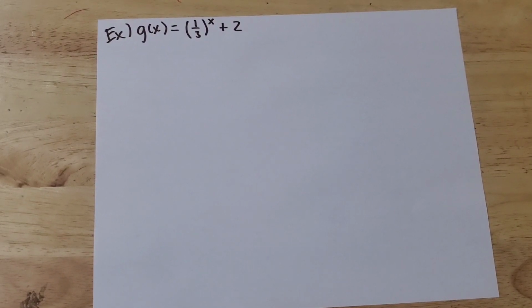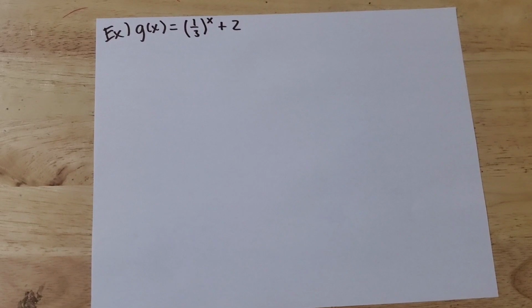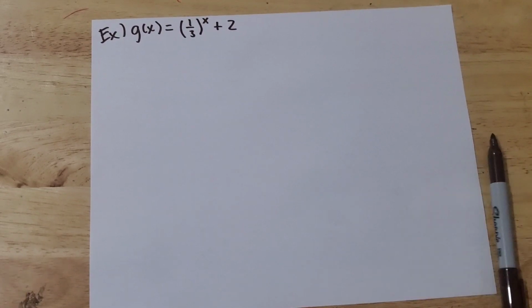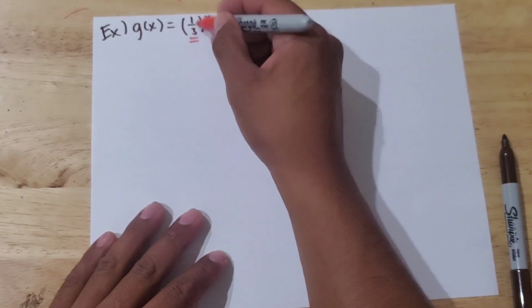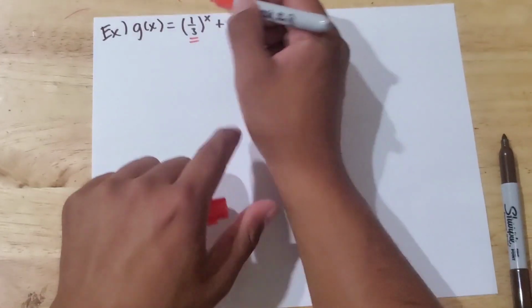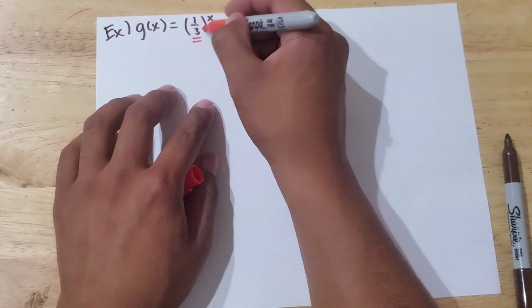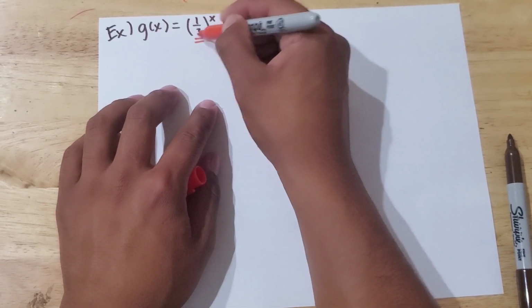At first glance, you should see there's an issue here, and that's this number. Because if I'm trying to find a parent function, the only functions we've looked at were when this number was bigger than 1.